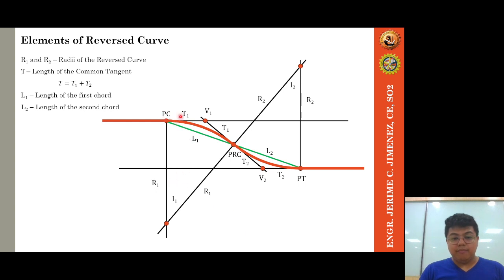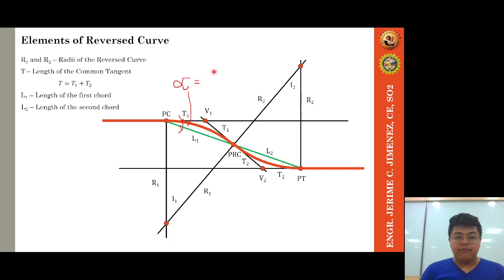We have here the back tangent and the chord. Okay? This angle, ito, yung angle na yan, from the back tangent papunta sa chord ay ang tinatawag po natin na alpha. Okay? And that alpha, balikan natin, is what we call the deflection angle.